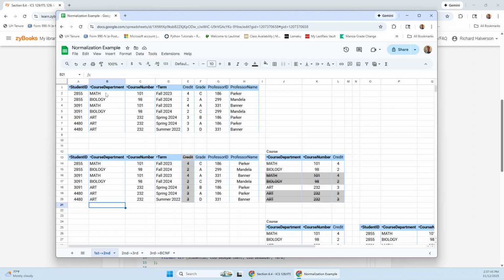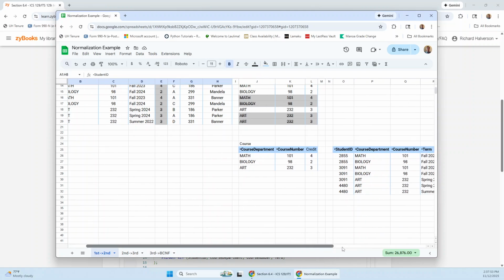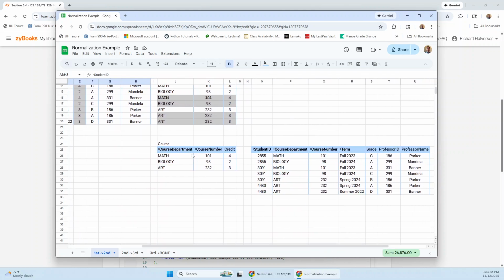Once we've taken this single table and split it up into 2 tables, we end up with a course table that has just 3 columns and 3 rows, and this takes care of all the courses and the number of credits per course.